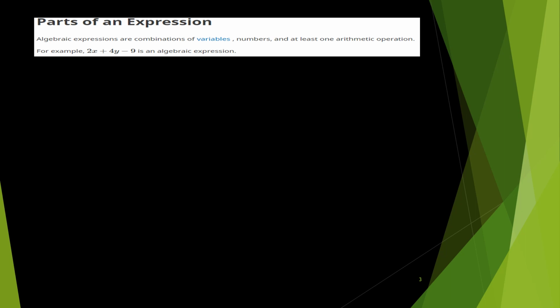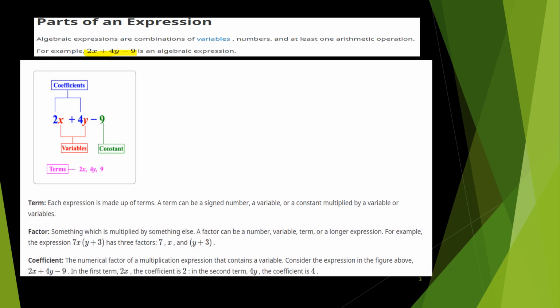So here we have one algebraic expression: 2x plus 4y minus 9. Now in this figure you can see the coefficients.